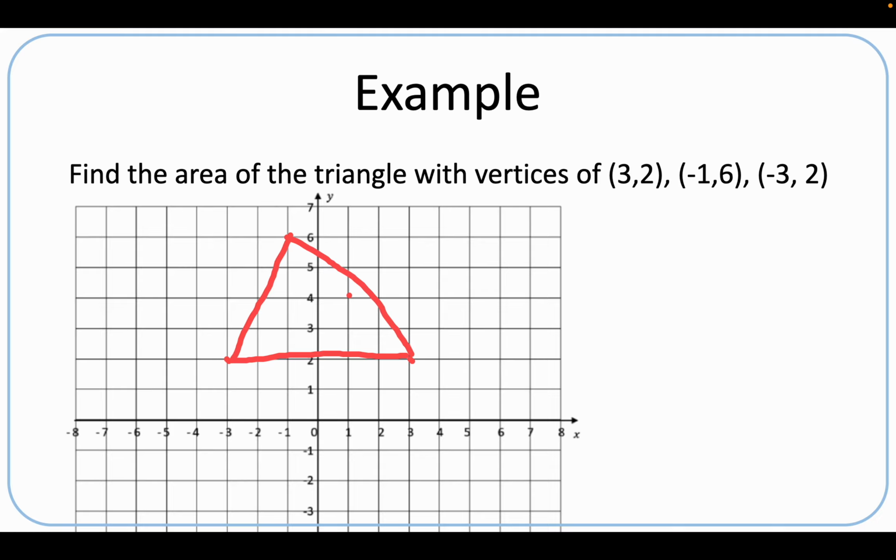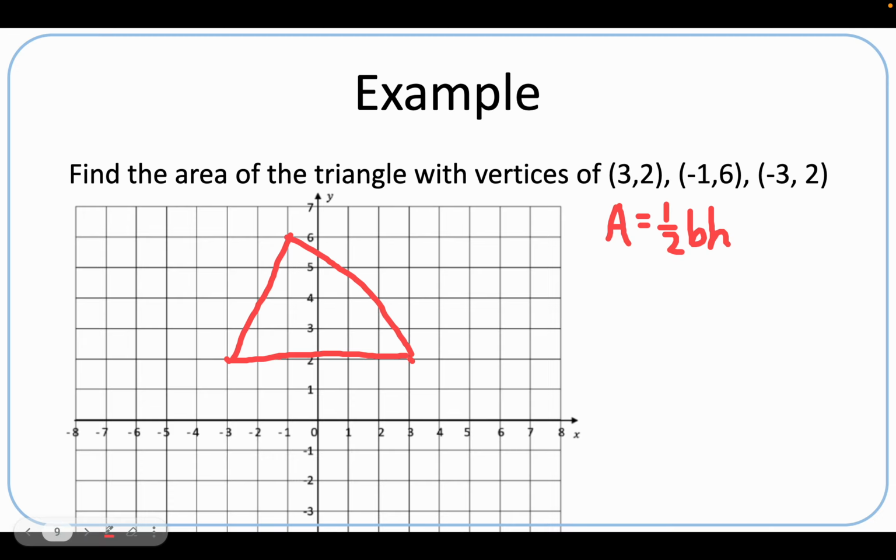So let's remember, the formula for area of a triangle is 1/2 of base times height. Okay, so what is our base here? Our base is here, and we need to say, okay, how many units are we going across here?